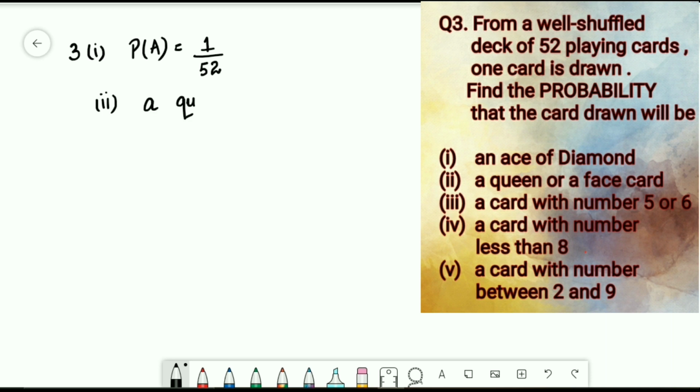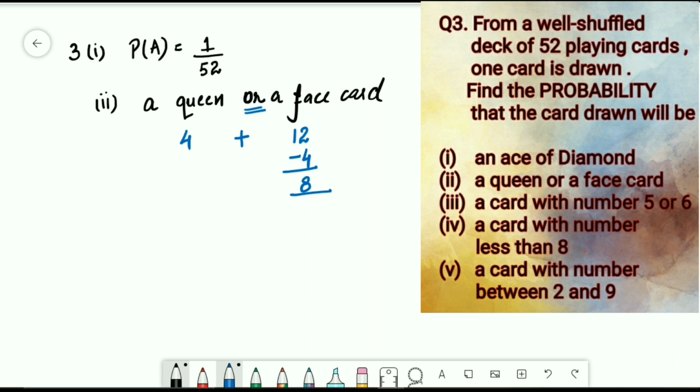Okay, I'm just writing the question first. A queen or a face card. We know total we have 4 cards of queen, and whenever we use word or, that means you have to add them, and face cards 12. But in face cards also we are including 4 queens, so we have to subtract 4 from this side.